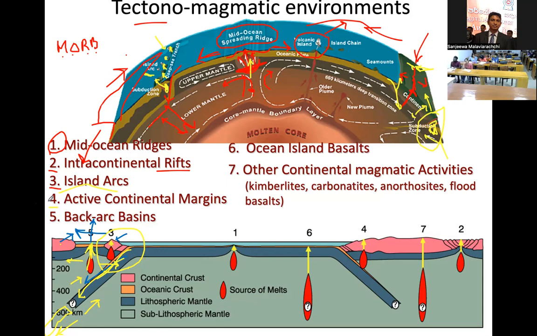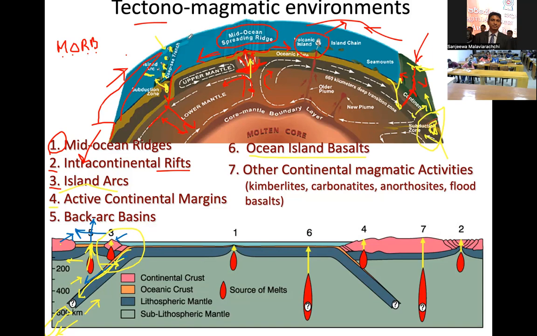Okay, right. And then number six is ocean island basalts. Ocean island basalts means some kind of islands are produced in the middle of oceans, right? It's not the islands that are produced at a subduction zone.